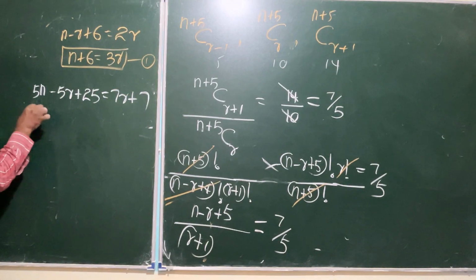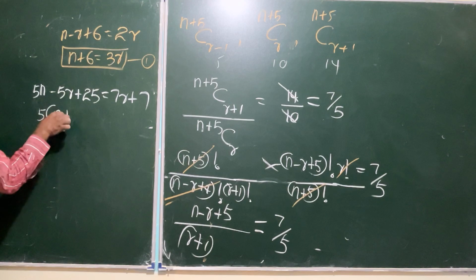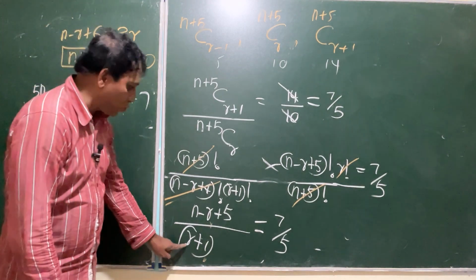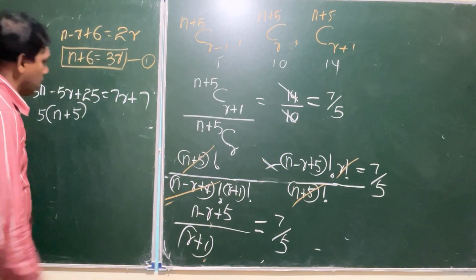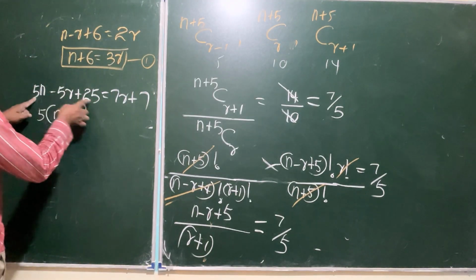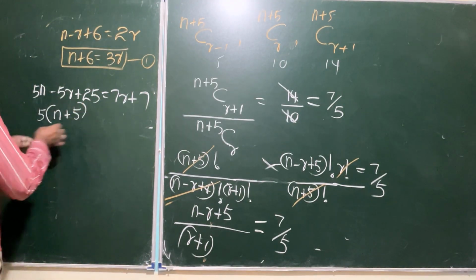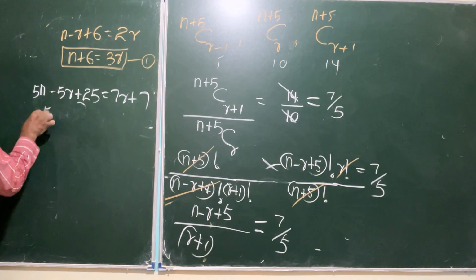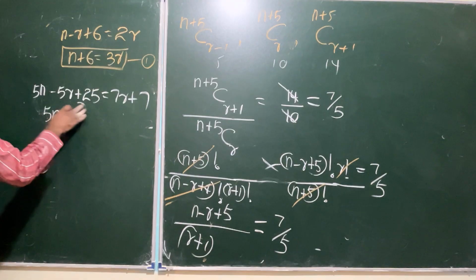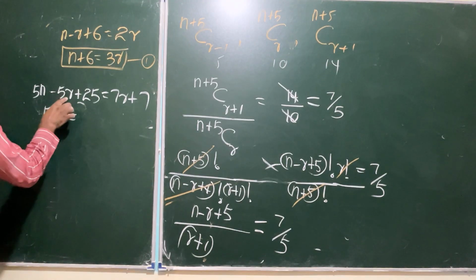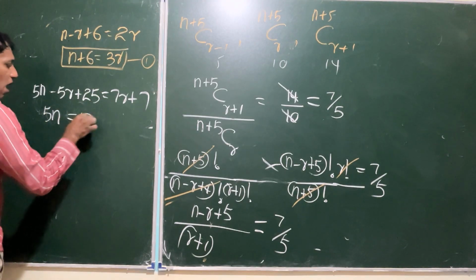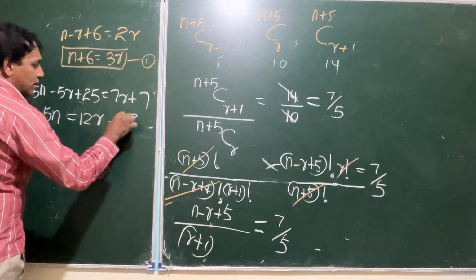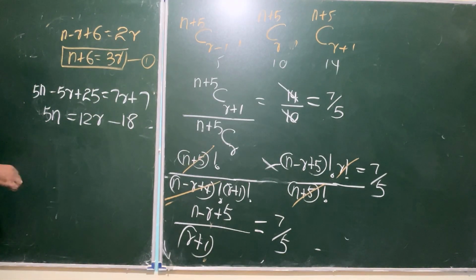So if I rearrange, 5 into (n plus 5), and r plus 1 times 7, is it okay? 5n equals 12r minus 18, okay, 12r minus 18.